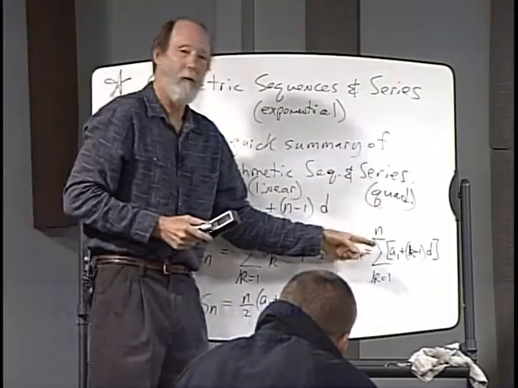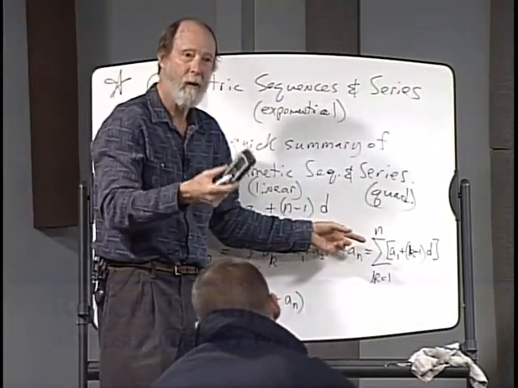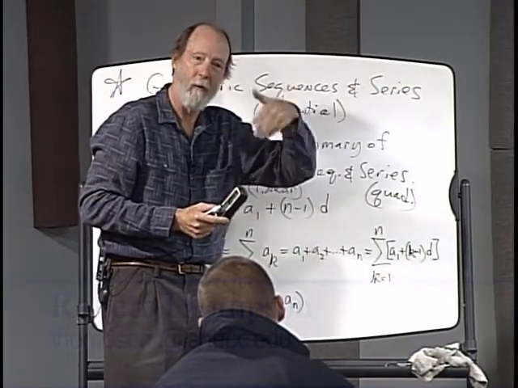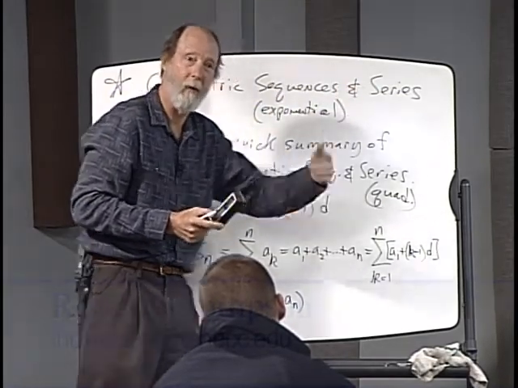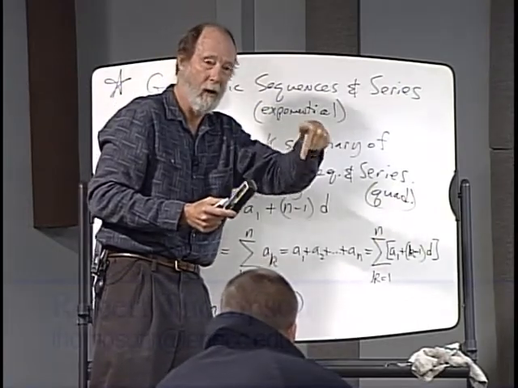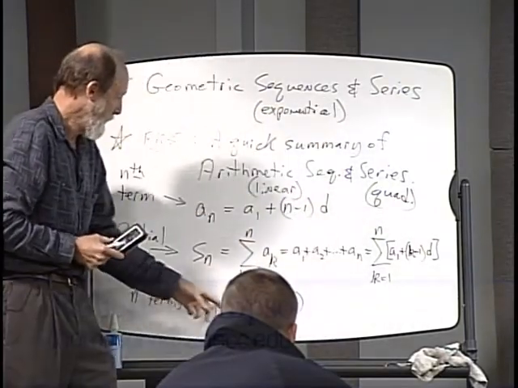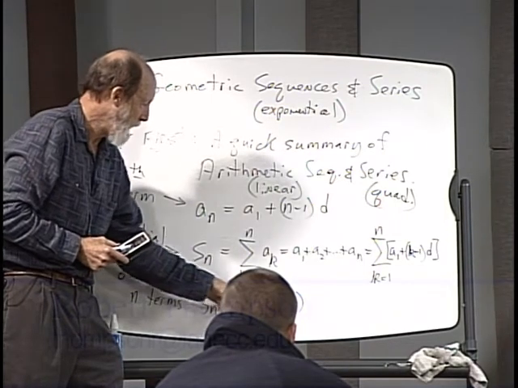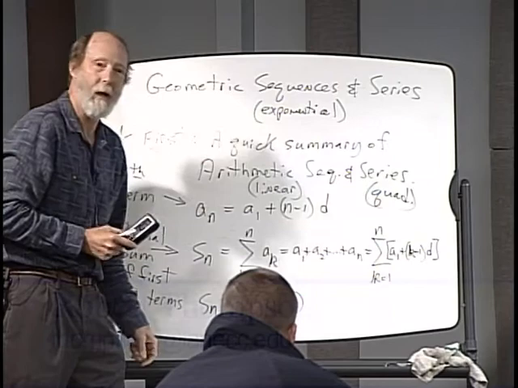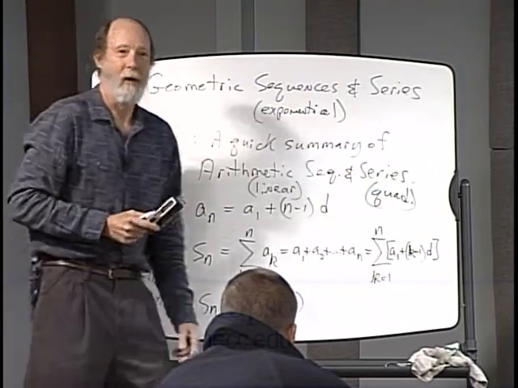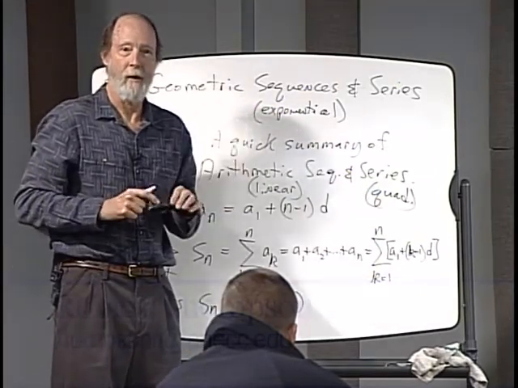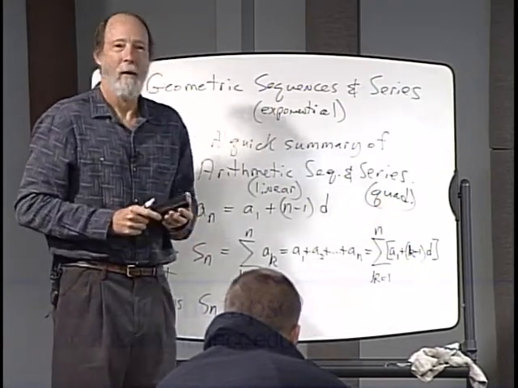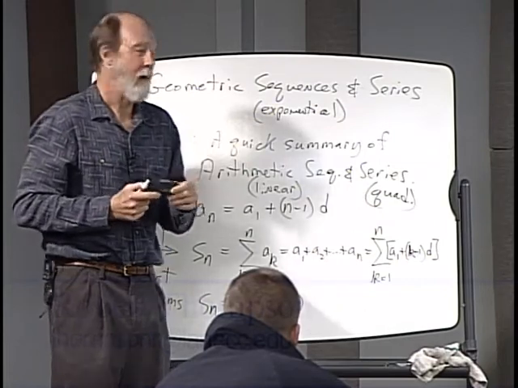Then I told you a story about Gauss during the last session, adding the numbers from 1 to 100 together, to help you remember how to come up with a formula for the partial sum. It's the number of terms you're adding, divided by 2, times the first and last term added together. You can look back at an example in the previous video or in your notes.